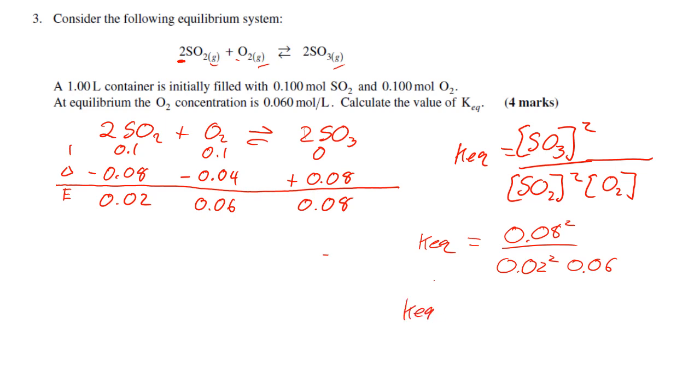Therefore, KEQ equals, typing in my calculator, 0.08 squared divided by 0.02 squared times 0.06, and I get a value of 266.6666. Let's go with 267, since everything up there is 3 sig figs.